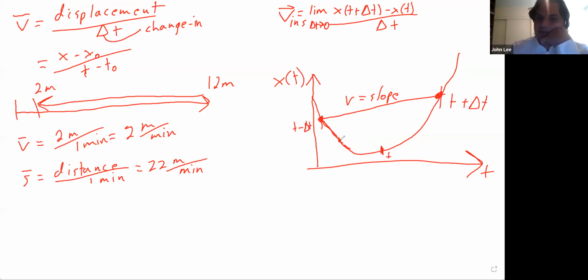And then you can keep getting similar things happening, where v is the slope of the line from some smaller delta t.